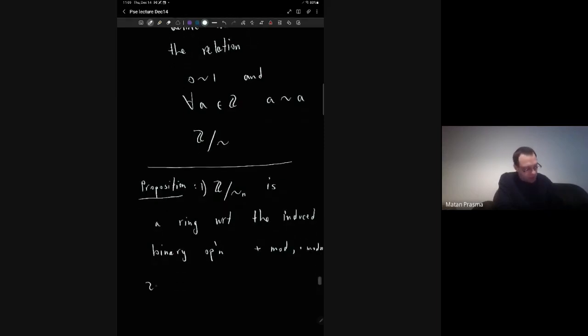And moreover, it is isomorphic to the ring of integers modulo n. We talked about integers modulo n, I mean Z modulo n.